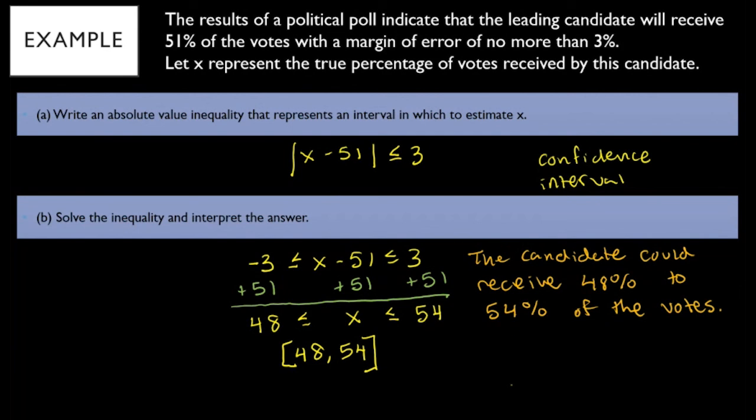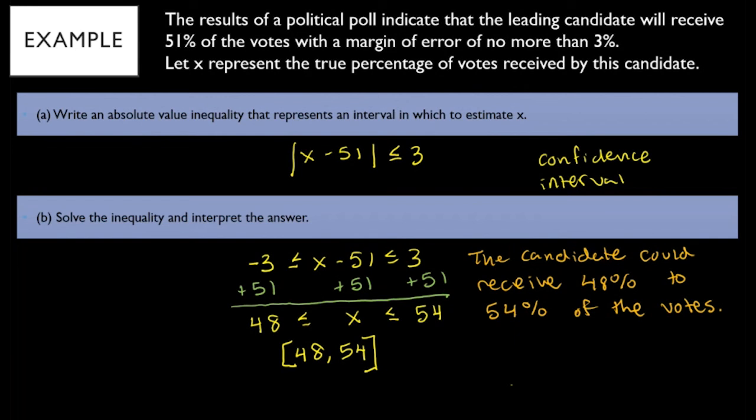And that's actually happened in several elections where we think one person's going to win, and then due to margin of error, it actually ends up being the other one wins. And it's not that our polling was wrong. It's just, if you actually look at the range, it was possible for that person to lose based off of the margin of error.